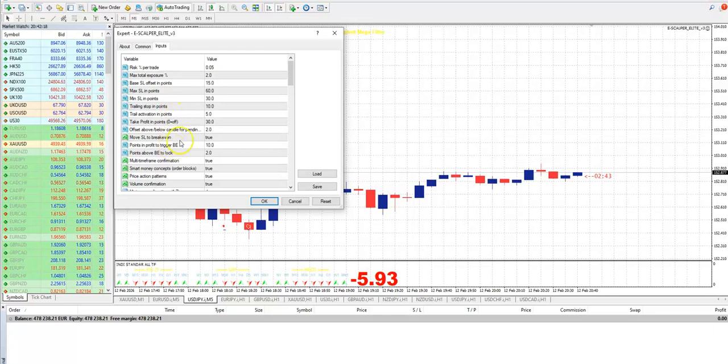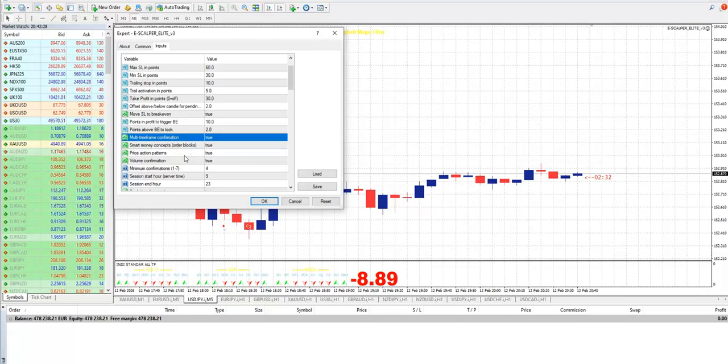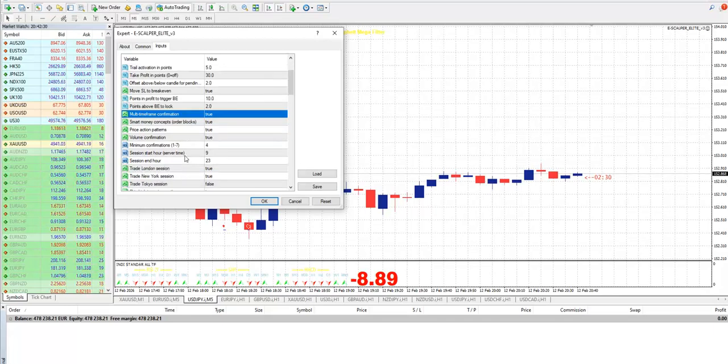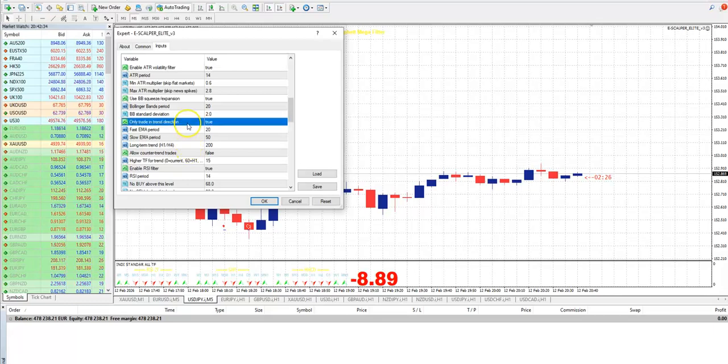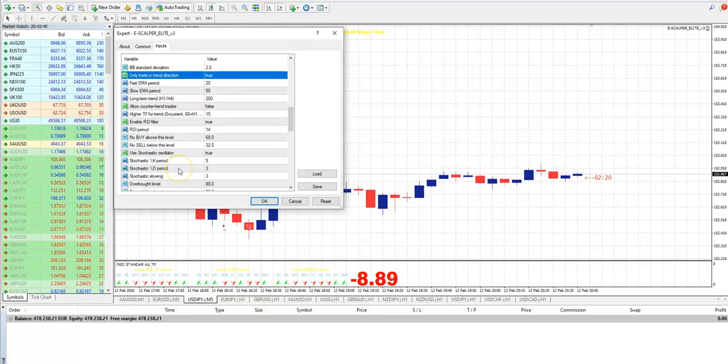You see how much I will not explain. We have multi-time confirmation, order blocks, smart money concept, price action patterns.